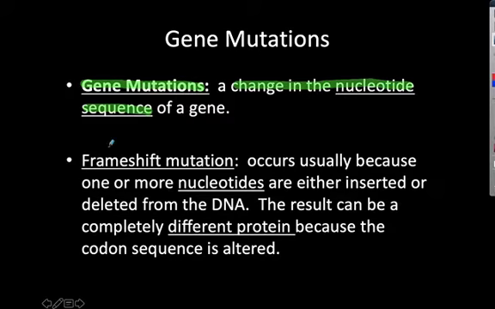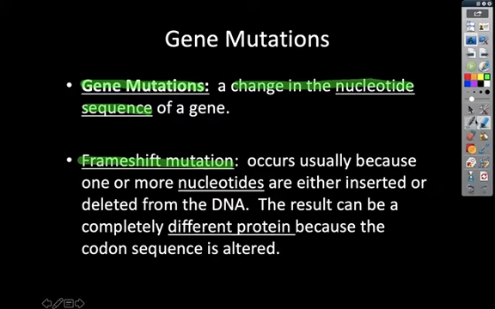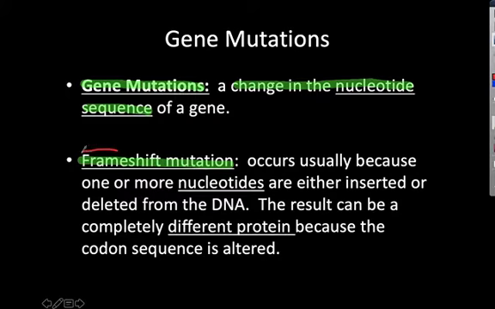One of the types of gene mutations that can occur is what we call a frame shift mutation. And to me, the name sort of gives you an idea of what it's all about. Frame shift. So the reading frame is basically shifted over.